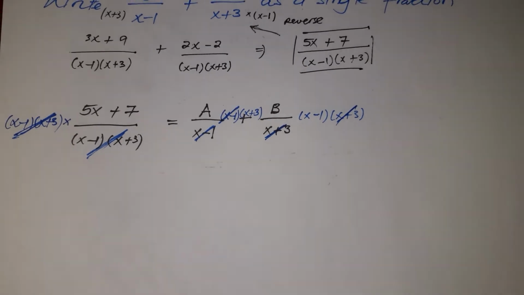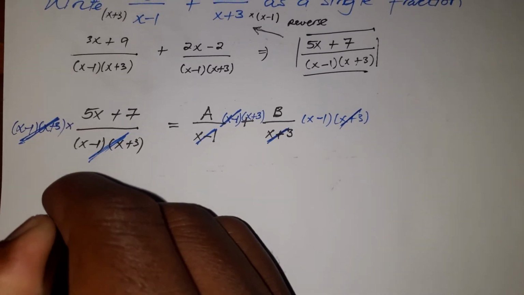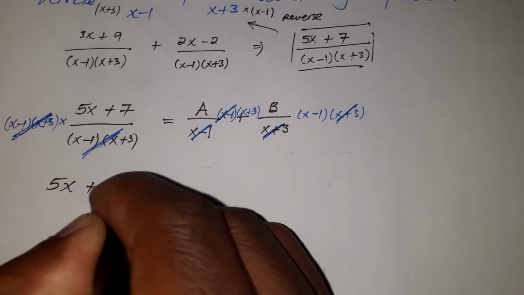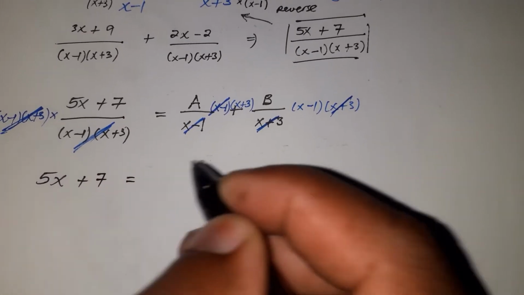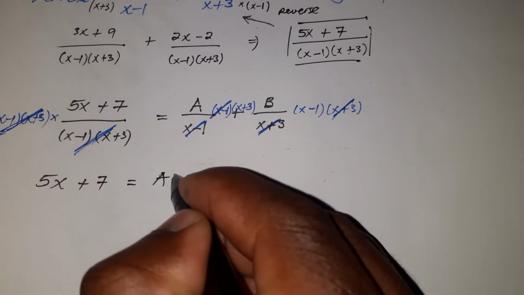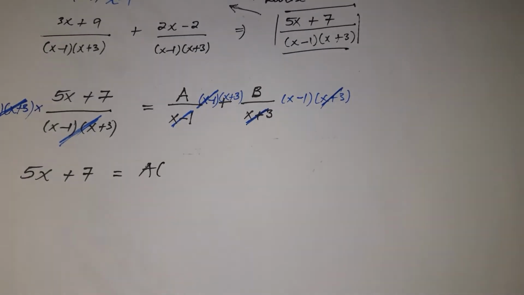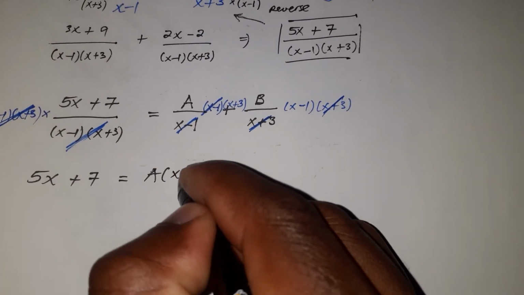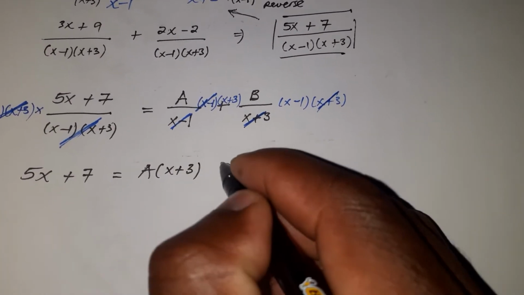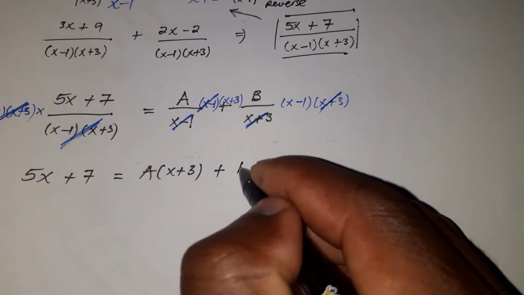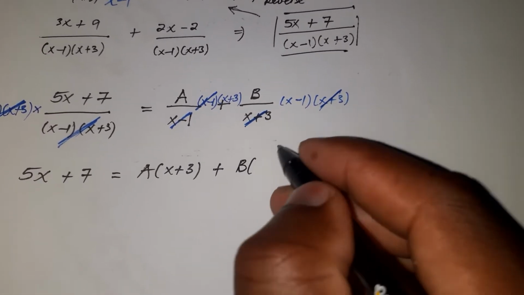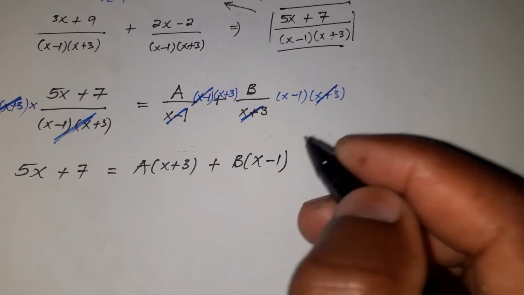Then what we are going to be left with this side is only 5x plus 7 equal to, here we are going to have a, and the only bracket that is left is x plus 3, plus b. This side we only have x minus 1.